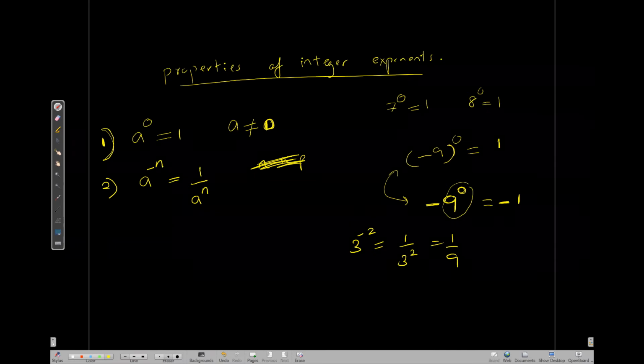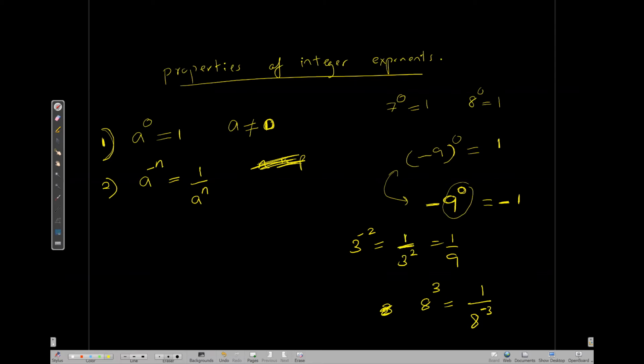So the idea is, if I write 8 to the 3, well, you can take the power down like this. So the idea is, when you're taking a power below the denominator, the sign changes, right?